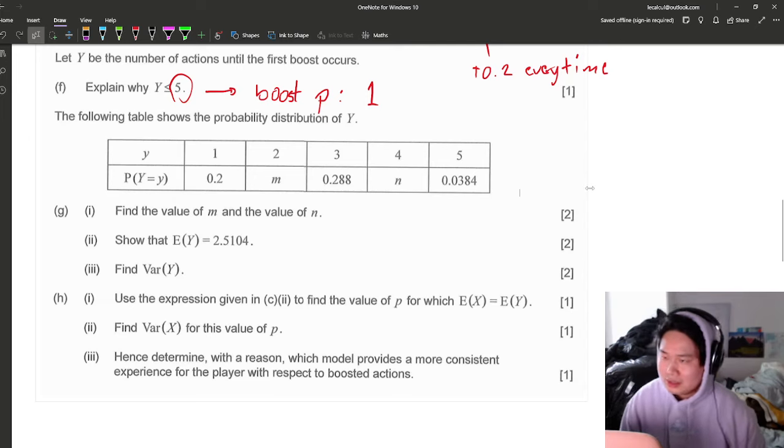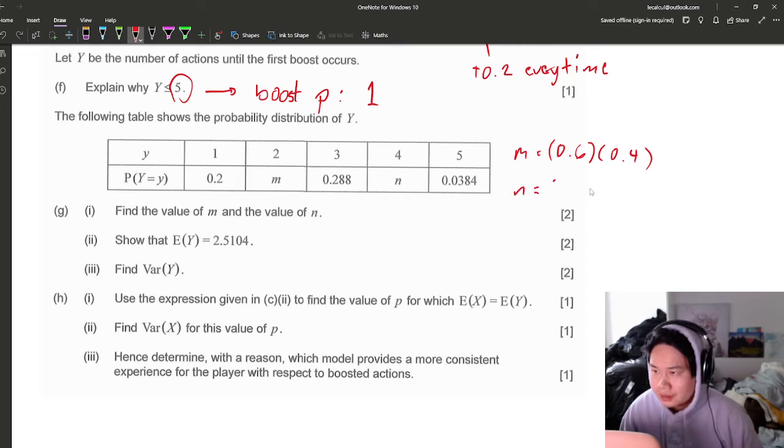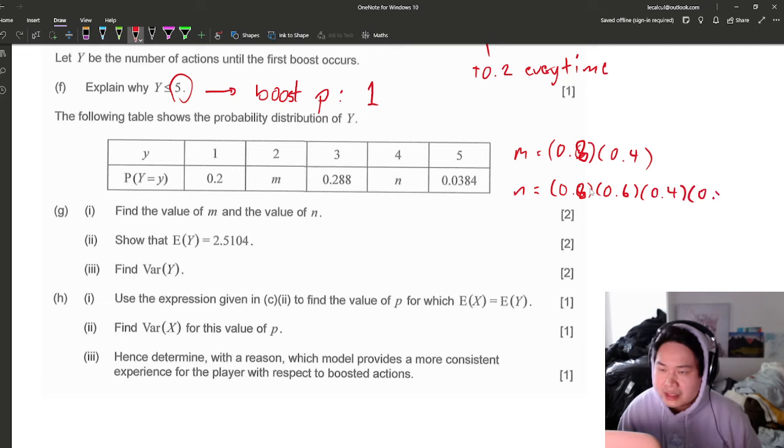Am I going crazy? m is the probability that you get boosted on the second, right? So this is 0.8 times 0.4. And then n is you get boosted on the 4th. So that's 0.8 is the probability of being unboosted, 0.6, 0.4, and then 0.8.